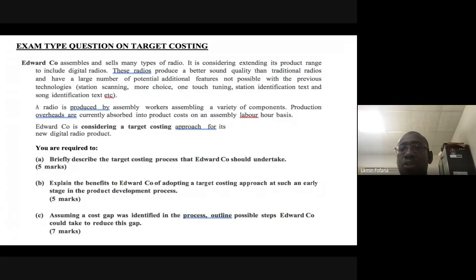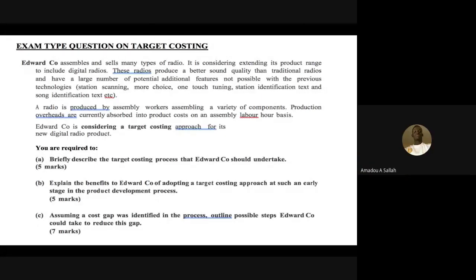So in this stage 4, what should we do? What techniques should we use in our last stage, in stage 4, reducing the gap? You can use value engineering.